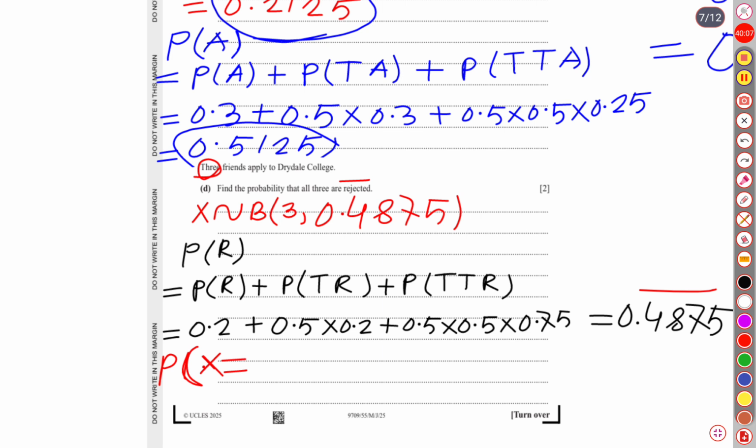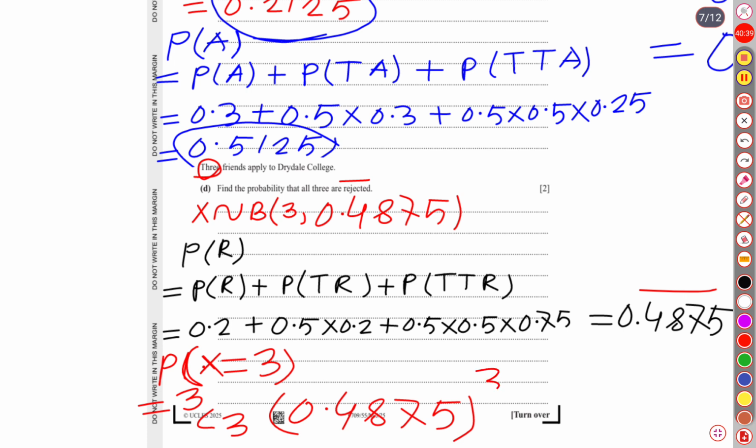Probability of X equal to 3 means all three are rejected, which is 3 choose 3, you know the combination formula. 3 out of 3 have failed, and our probability of rejection is 0.4875. That means all 3, and the probability of acceptance will be 1 minus this, which is 0.5125.